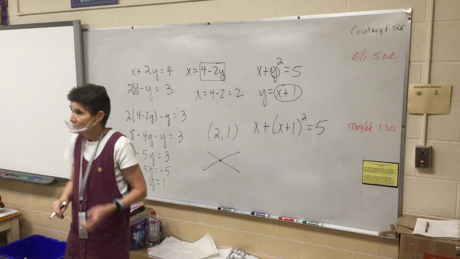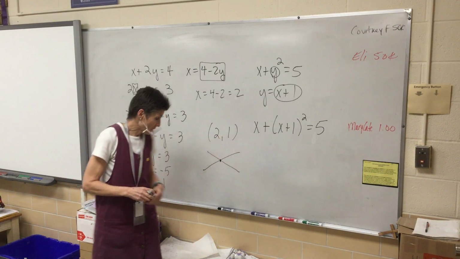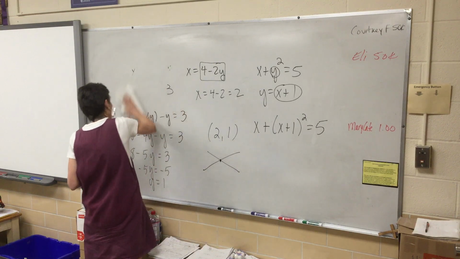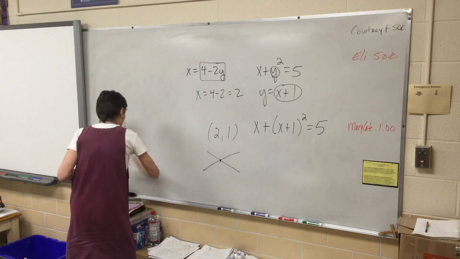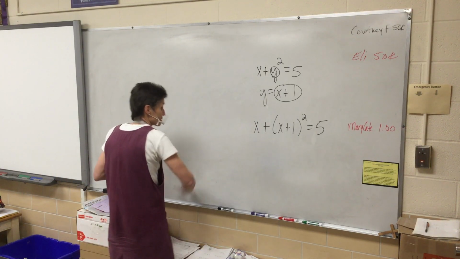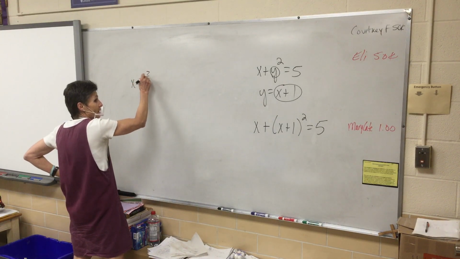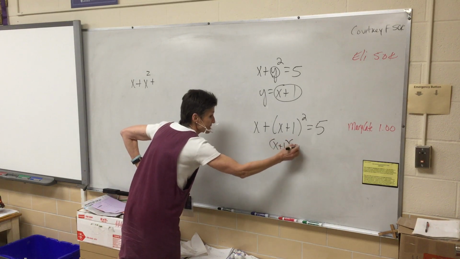Now, you know what to do with that. How do we handle x plus 1 squared? Distribute. It's a foil, a foil, a foil, a foil, a foil, okay? We're going to foil it out. If it helps you, go ahead and write it twice so you can see it.